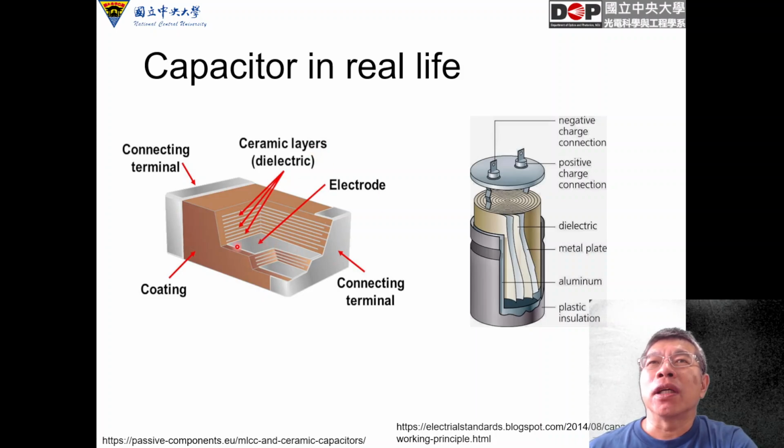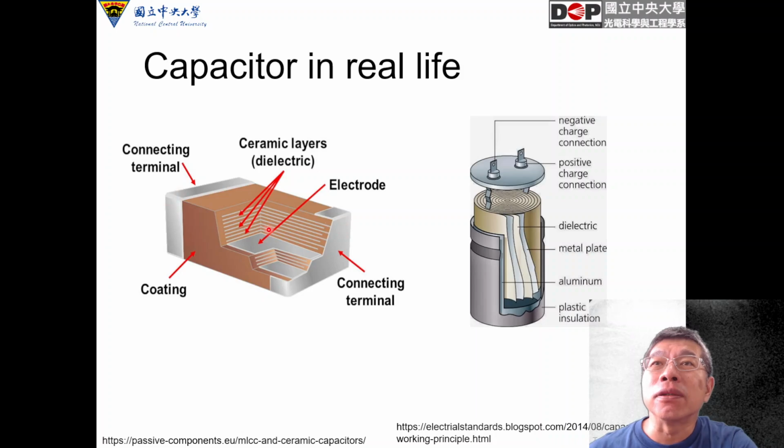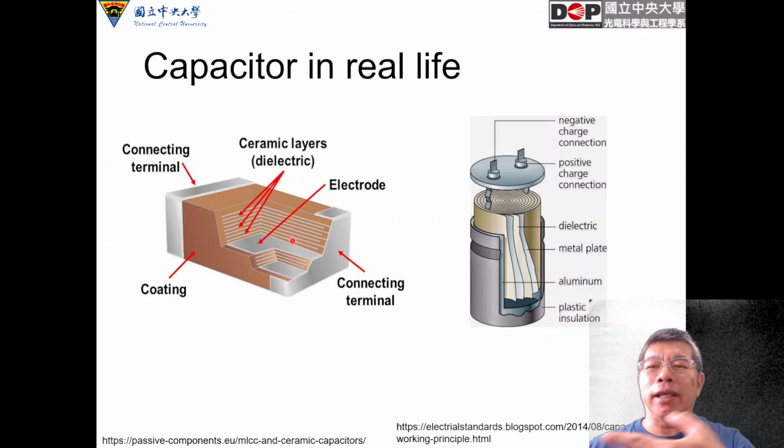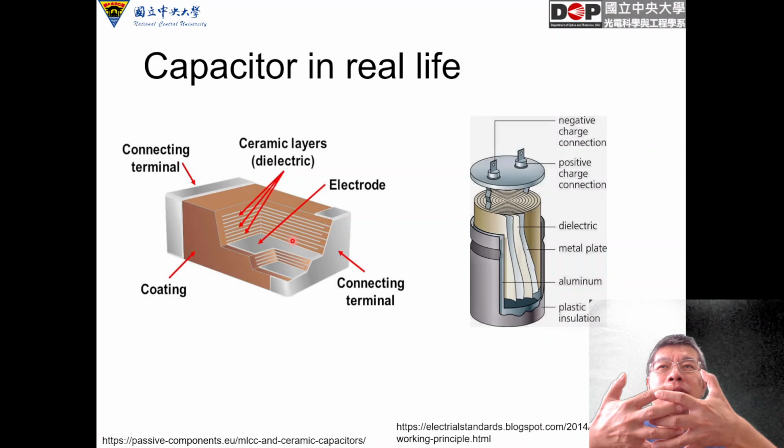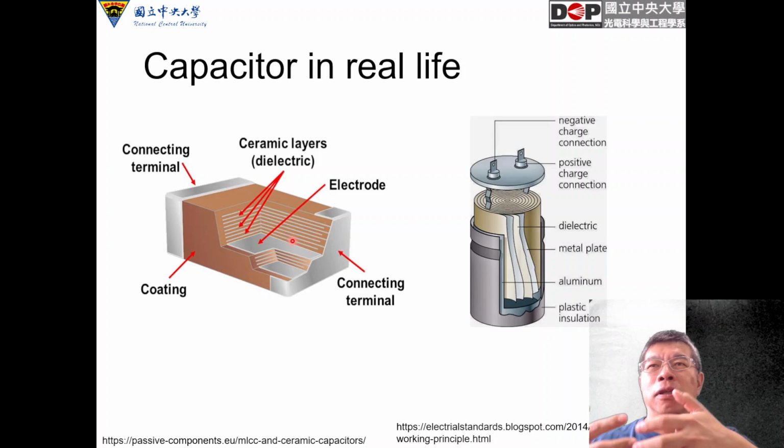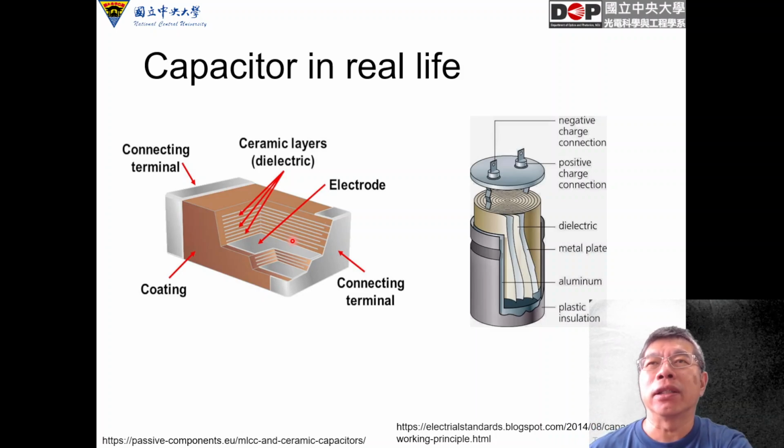One type has many plates, and you can see some plates are connected to this side and the second layer is connected to the other side. So the two sides are separated and they pretty much add together. It's like interlocking the plates, so you have an effectively larger area.